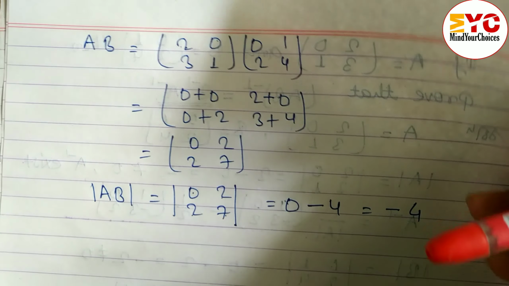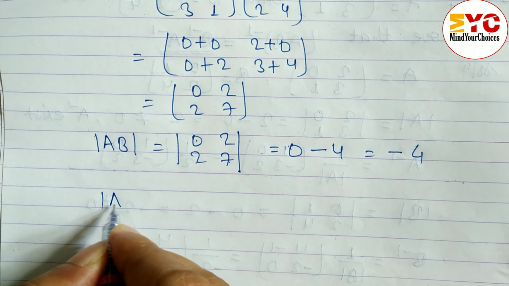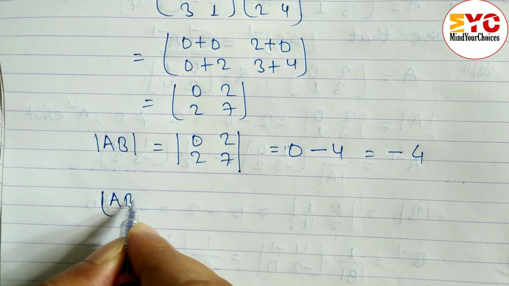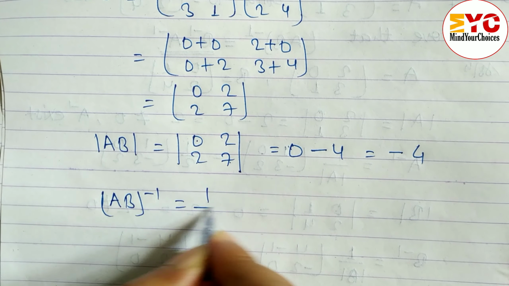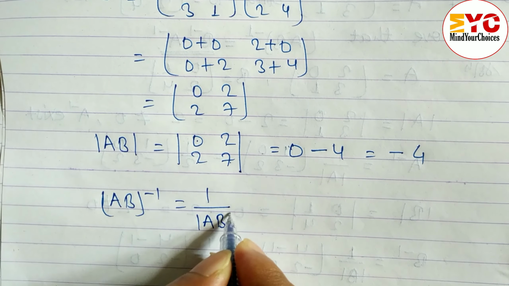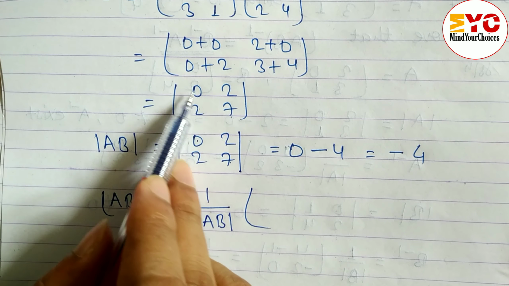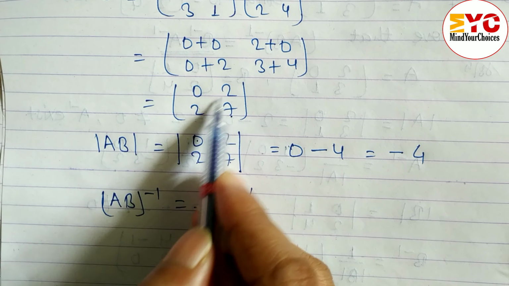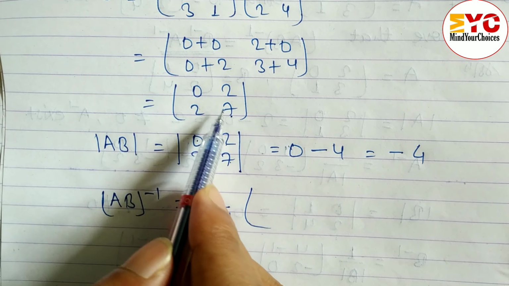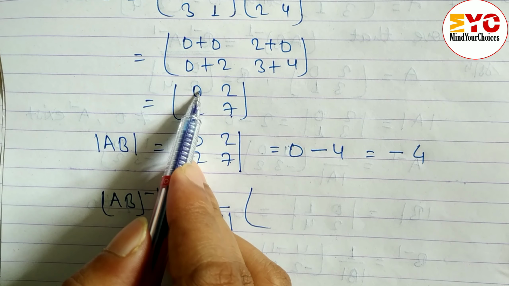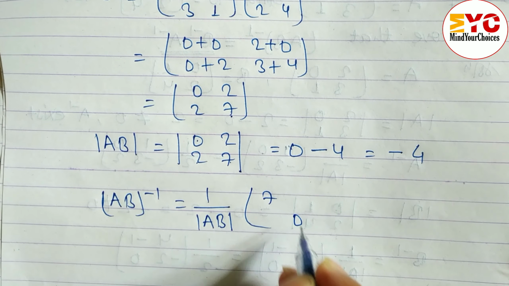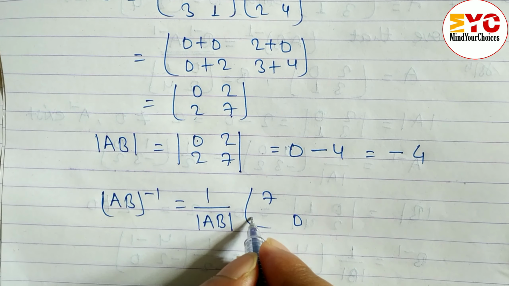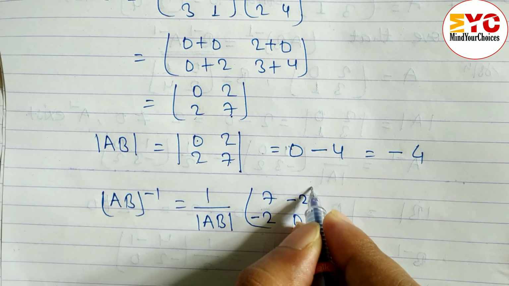Now the formula for AB inverse is 1 by determinant AB, and we interchange the diagonal elements and multiply the non-diagonal ones by minus. In the place of 0 we write 7, and in the place of 7 we write 0, and non-diagonal become minus 2, minus 2.